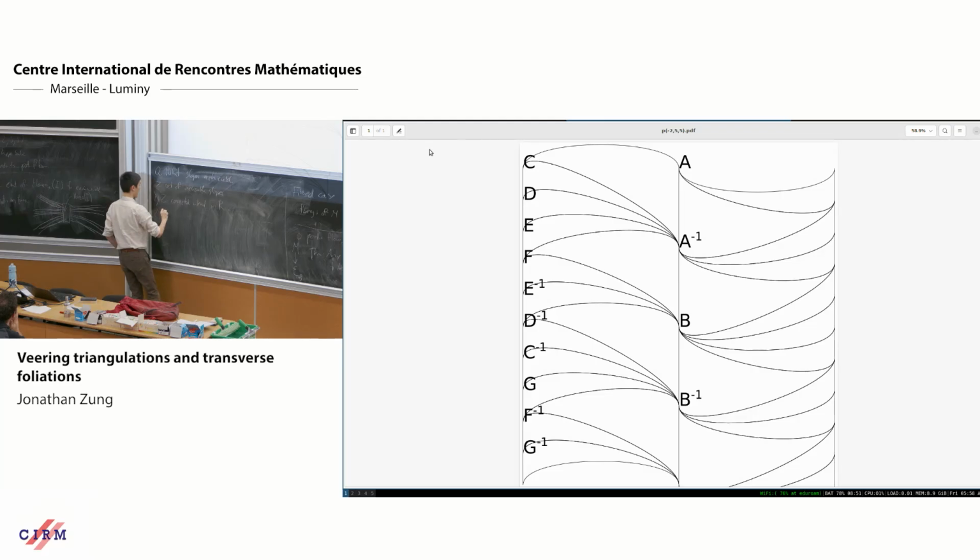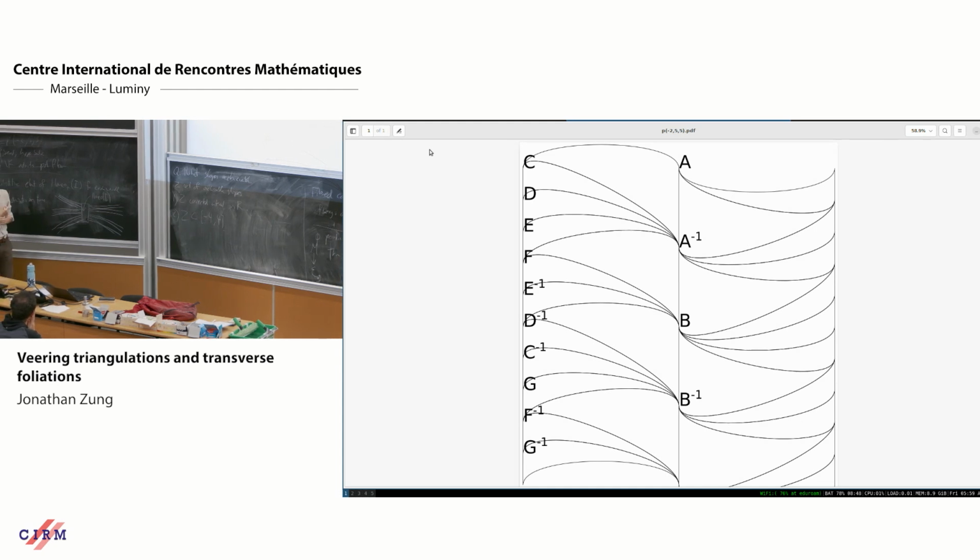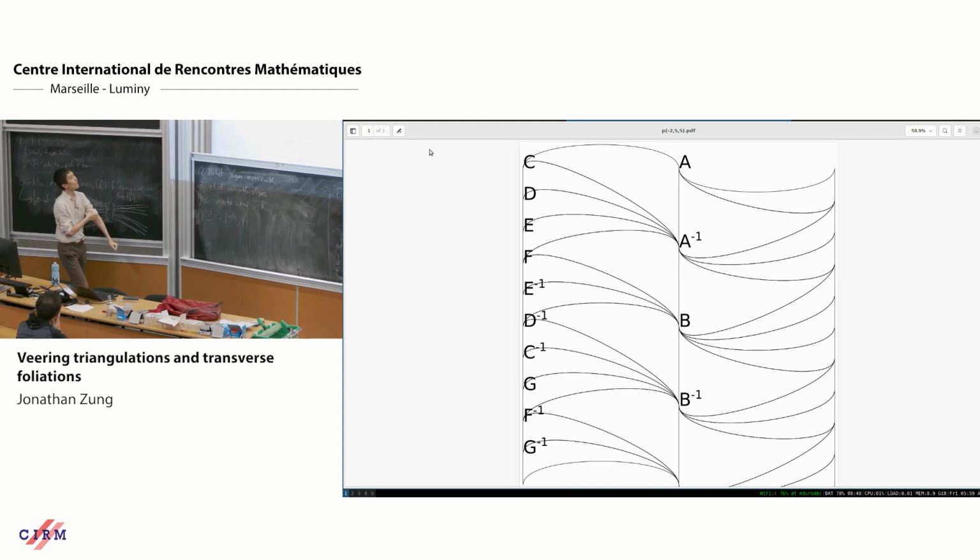Actually, Z is a subset of -4, 4. Okay. Maybe I'll try to convince you of this fact.